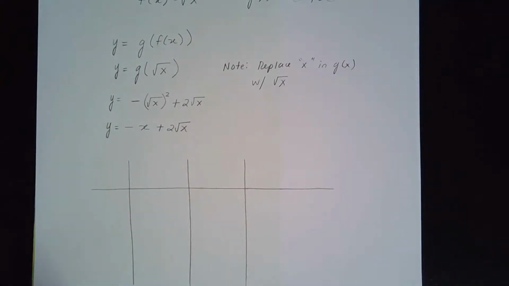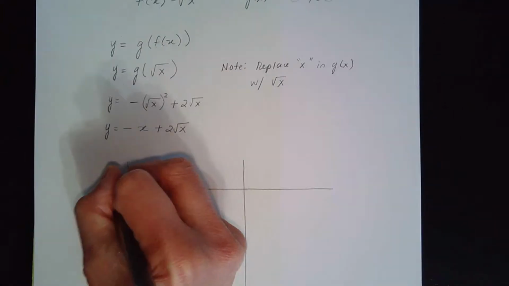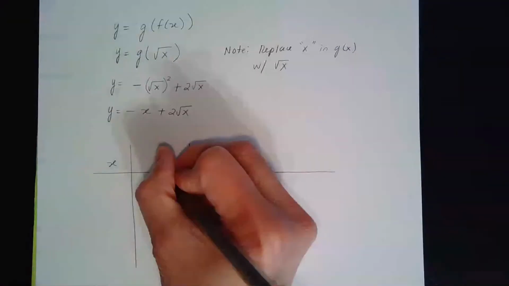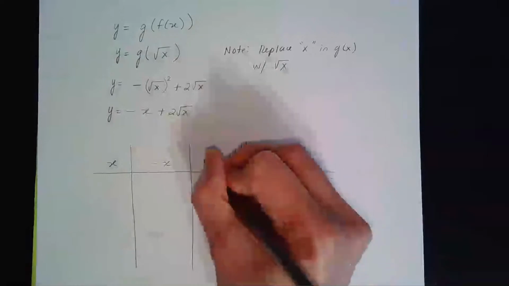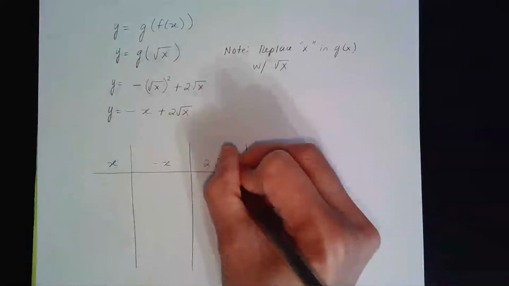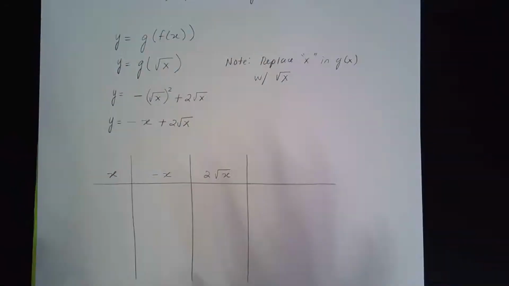But this one is a combination of two different kinds. So what we're going to do is negative x and 2 root of x.